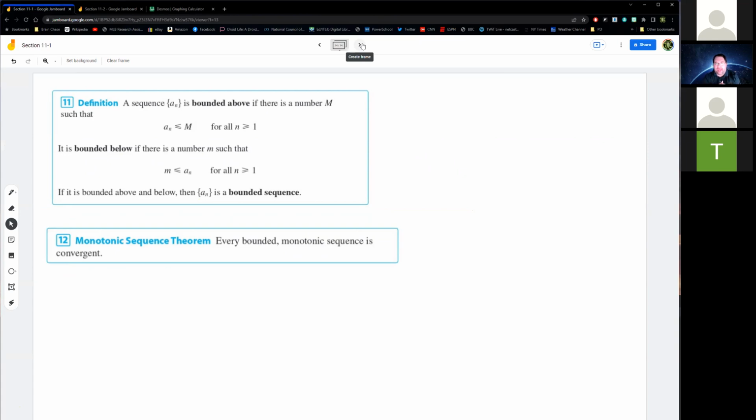That's why 1 over n or 1 over x is convergent, because it is monotonic. It's always going down. It's always decreasing. And it's bounded because it'll never be less than 0. So because it's never going to be less than 0 and it's decreasing the entire time, it's convergent.